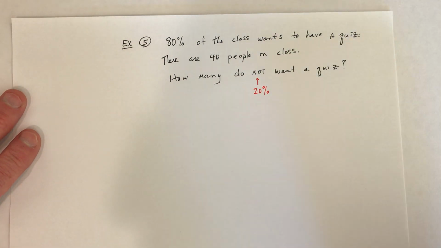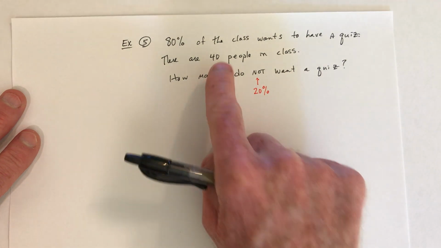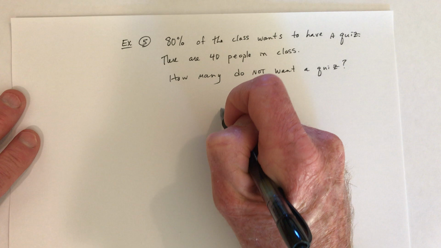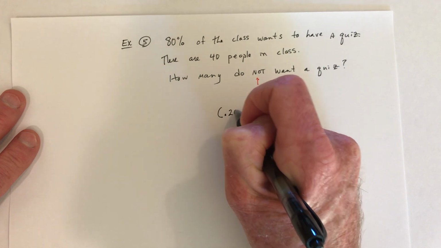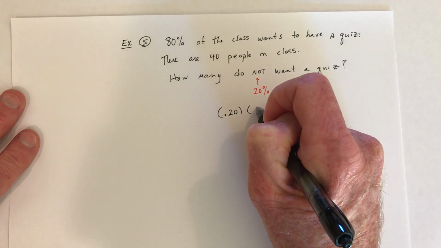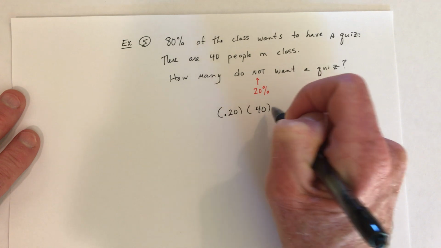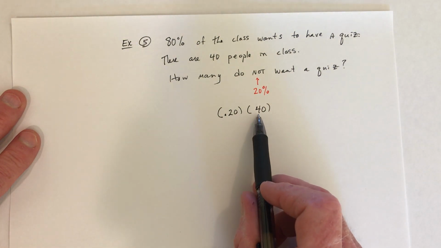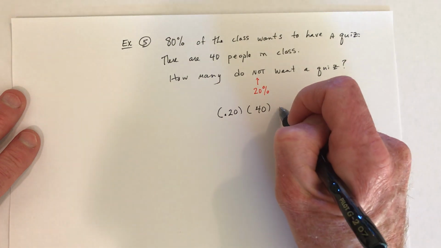And then find 20% of 40 people. So as a decimal, move it to the left, it's going to be 0.20, and then multiply that with 40 people. So 4 times 2 is 8.